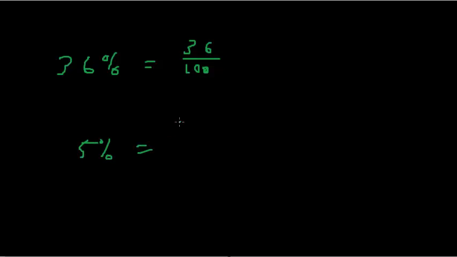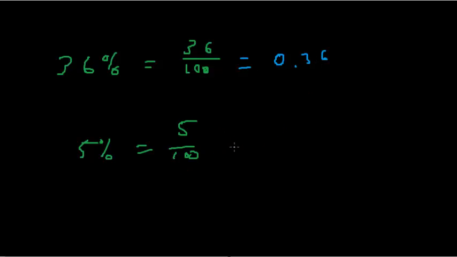So I can then convert any percentage into a fraction just by putting that 36 here over 100. So 36% is the same as 36 over 100. 5% then is 5 over 100. If we take this one step further and convert it to a decimal, 36 over 100, well, that's 36 hundredths, which we saw in our last chapter is 0.36. 0.36 is 36 hundredths.